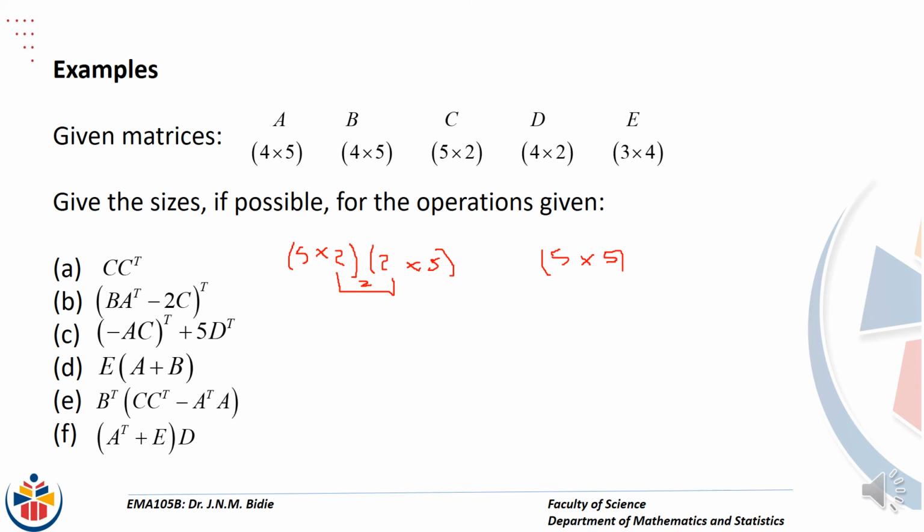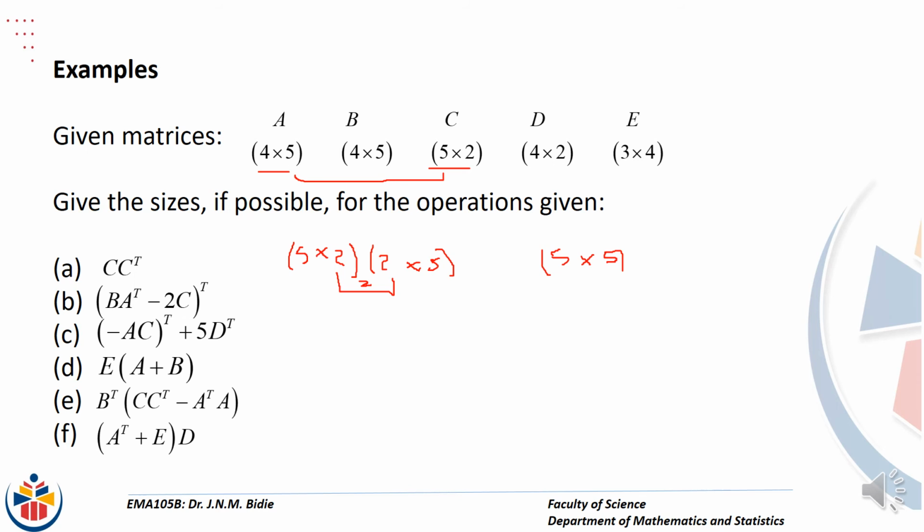Okay, now the negative of A times C. Firstly, can we multiply A and C? A is a 4 by 5, C is a 5 by 2. These two are possible. You will get a 4 by 2.